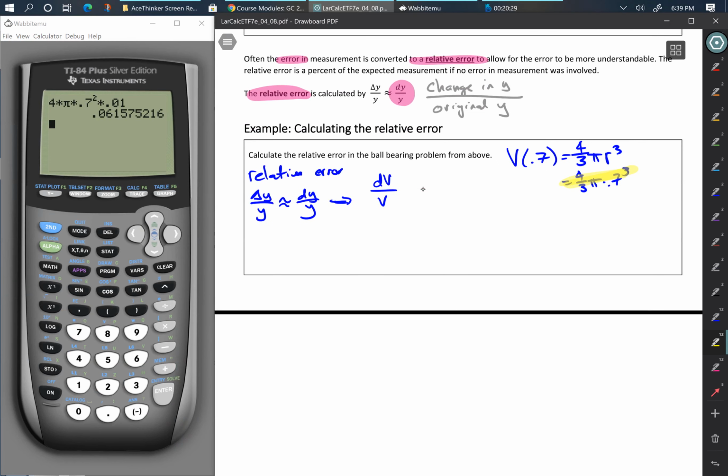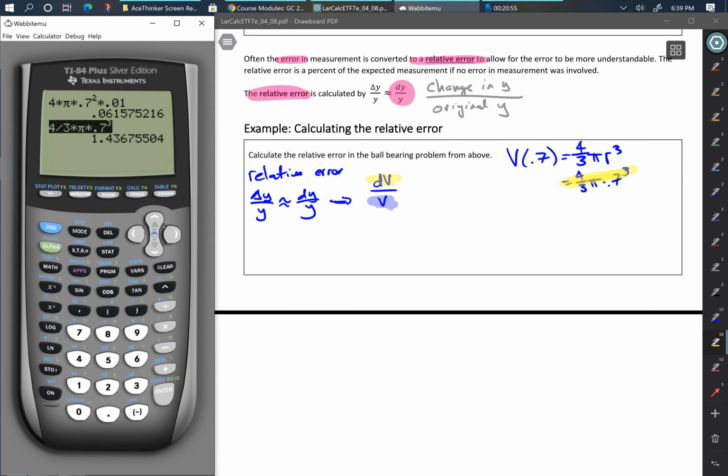And so then I'm going to say, okay, well, what is 4 divided by 3 times pi times 0.7 cubed? That's going to be our denominator. So that is this value. The 0.06 is the numerator, this value. And so then I'm going to get, let's see, what is that going to be?